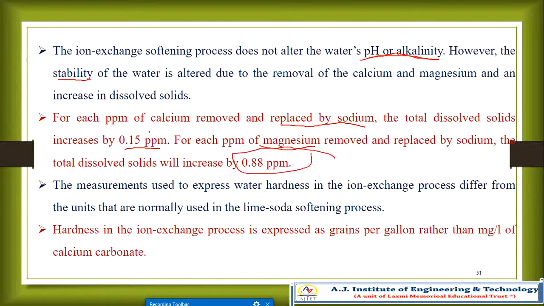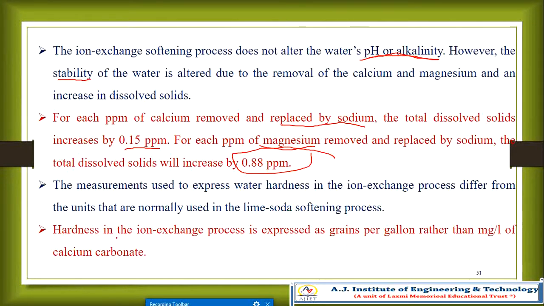The measurements used to express water hardness in the ion exchange process differ from the units normally used in the lime soda process.